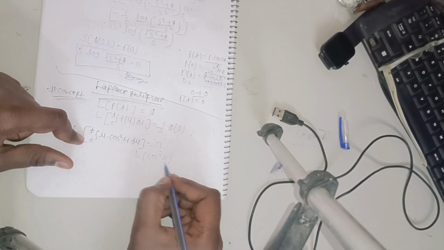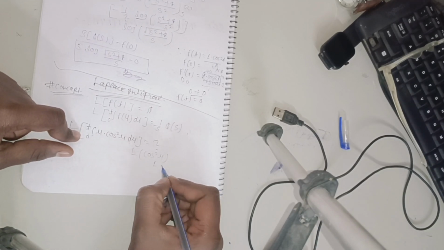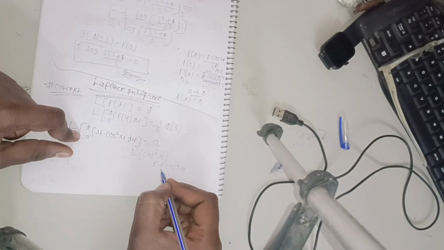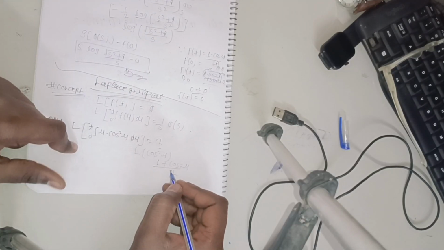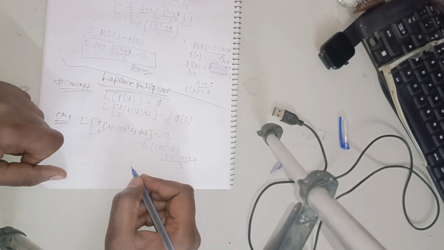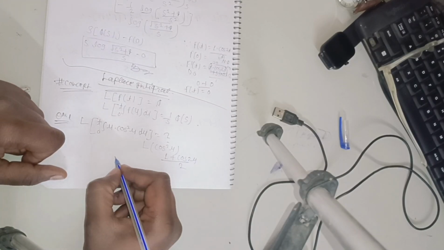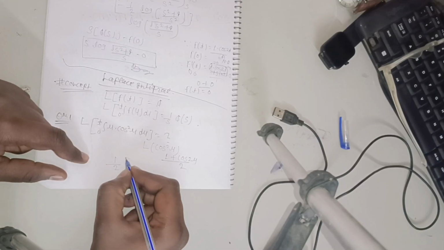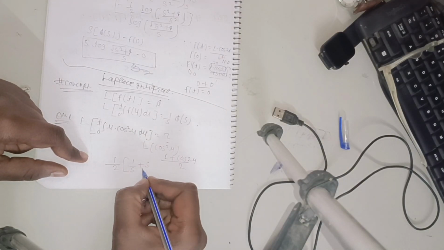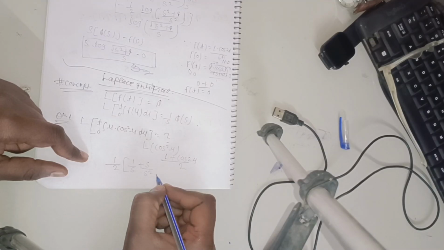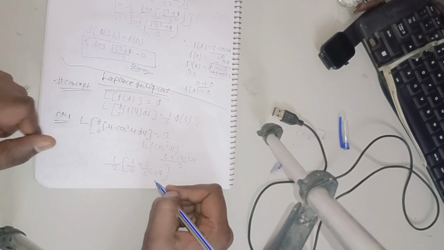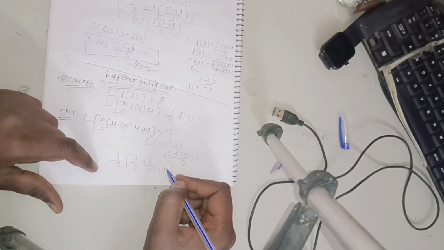For cos square theta simply, I can use 1 plus cos 2u upon 2. So 1 upon 2, 1 upon s plus s upon s square plus 4, right? Laplace of 1 is 1 upon s and Laplace of cos 2u is s upon s square plus 4.